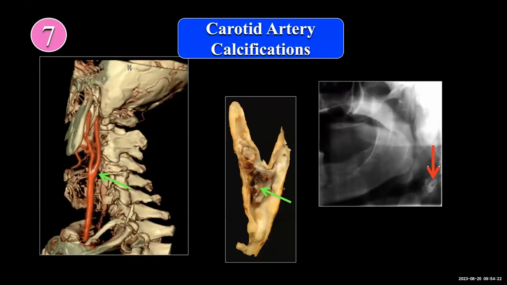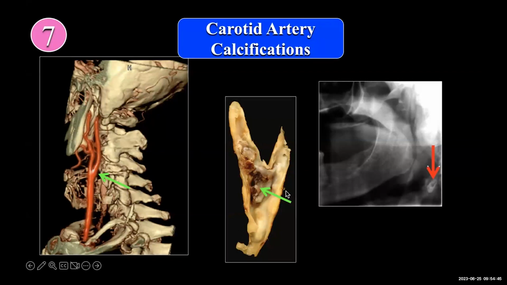The last one I'm going to go over is something that you will see on a mandibular scan, and it's an anatomic variant, but it is an incidental finding that the patient should be alerted to. If you look at this, remember, the common carotid, then you have the external and the internal carotid.